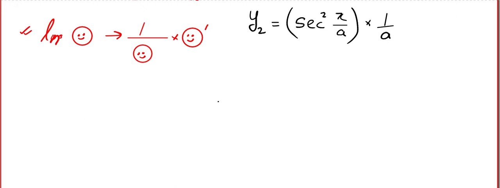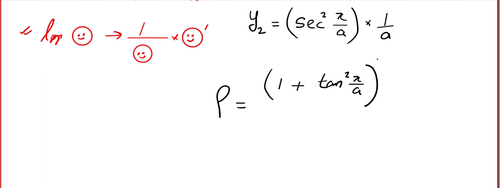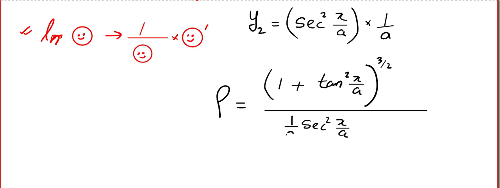So our radius of curvature at any point, rho, is given by, come on, tell me the formula, 1 plus y1 square, so tan square x by a, the whole power 3 by 2, the whole divided by sec square x by a times 1 by a.